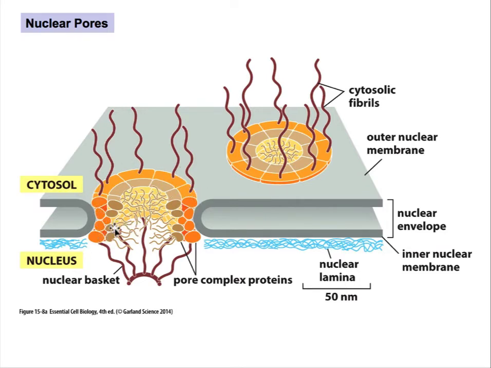Now, these fibrils are also present in the nuclear pore. These brown proteins here have polypeptides that extend across the opening of the nuclear pore. And the nuclear basket is also an extension of other proteins, forming this very sophisticated structure across both nuclear membranes.